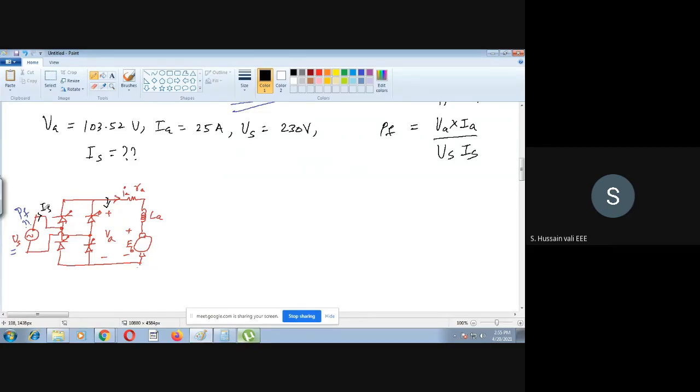We have to draw the waveform here. If we can draw the waveform of IS, then for that waveform we will find the RMS value, and then we will get the answer.